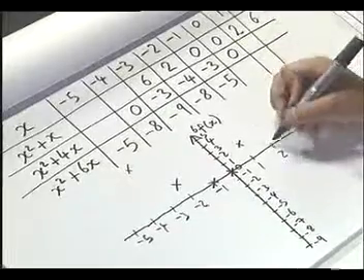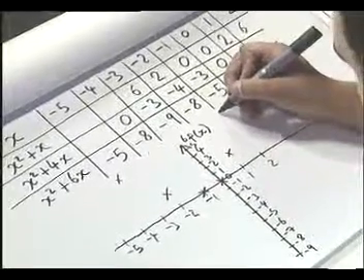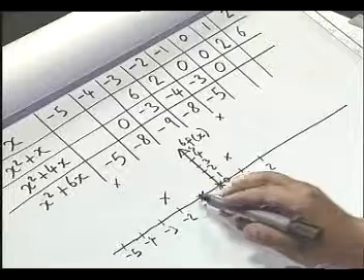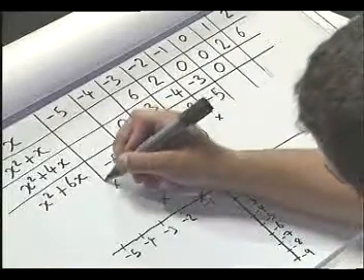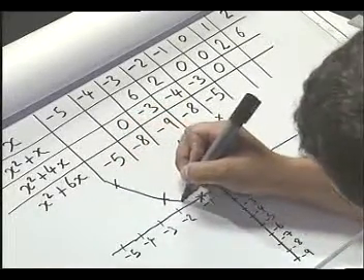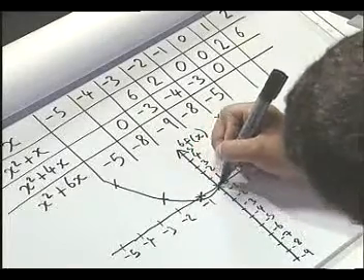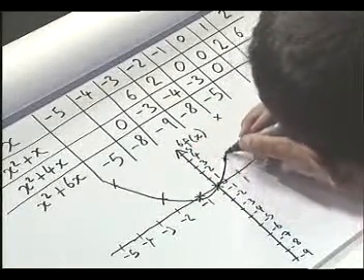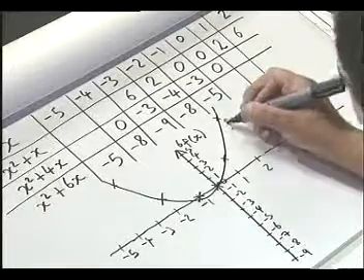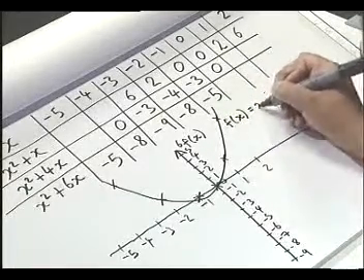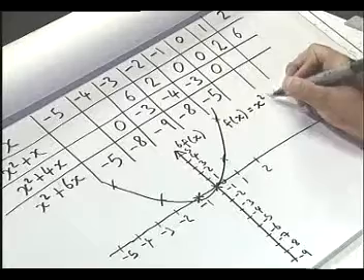And 2 and 6. And you can see clearly that this is a parabola, which, as we expected, we can draw a smooth curve through those points. So this is f of x equals x squared plus x.